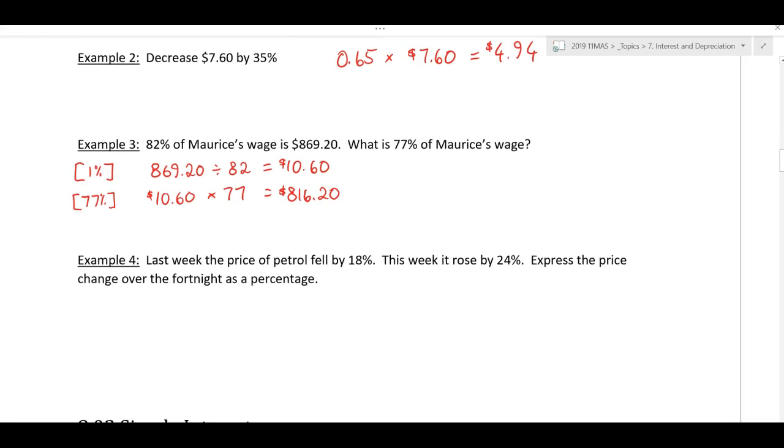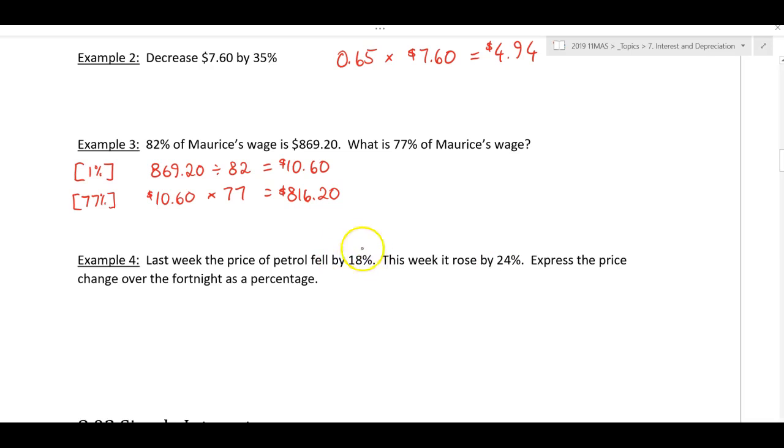In our 4th example, the last of the video, last week the price of petrol fell by 18%, and this week it went up by 24%. Express the price change over the fortnight as a percentage. It would be a mistake to say that it's gone up by 6%, because it fell by 18% of the starting price, and it rose by 24% of a lower figure.